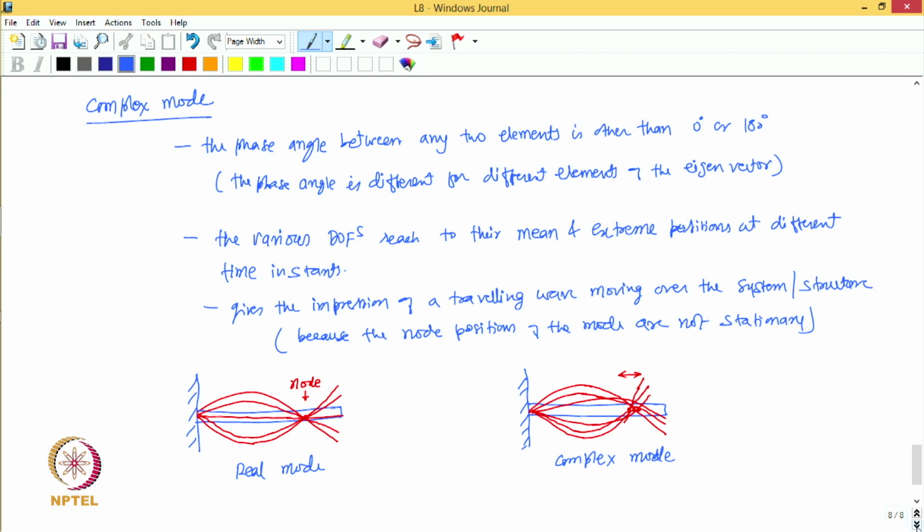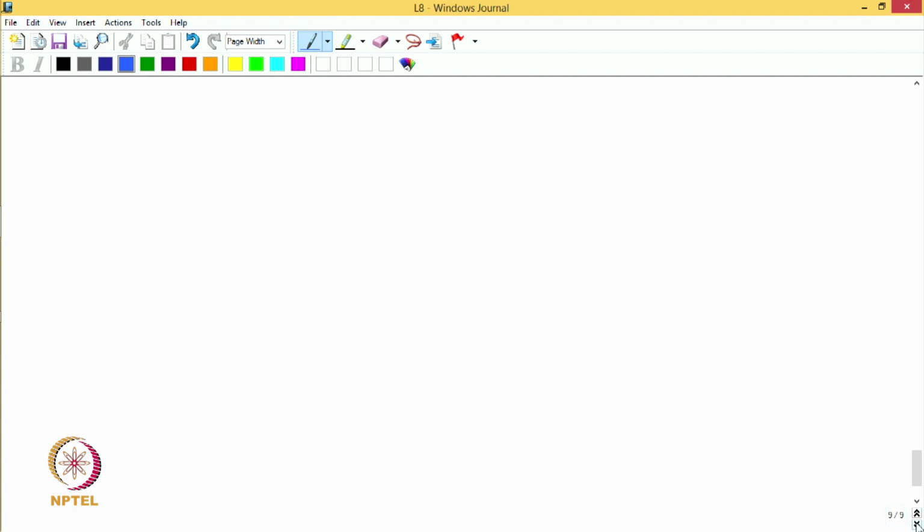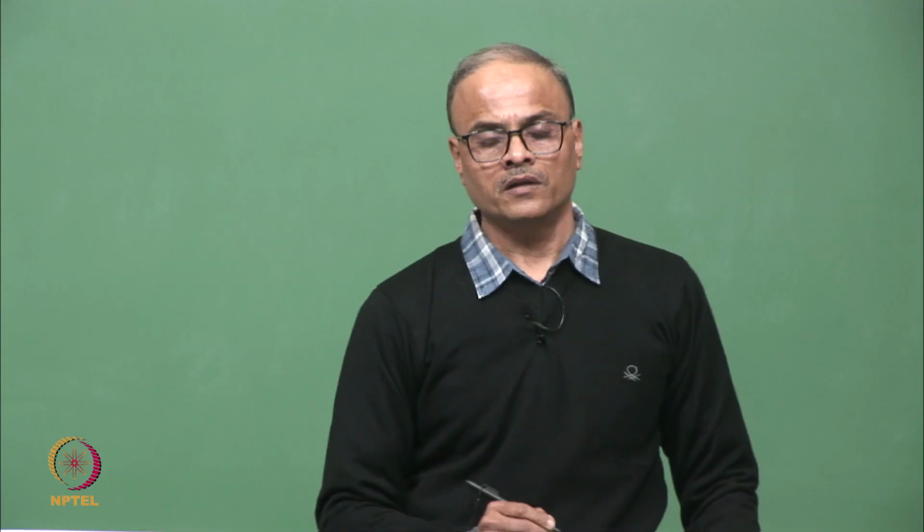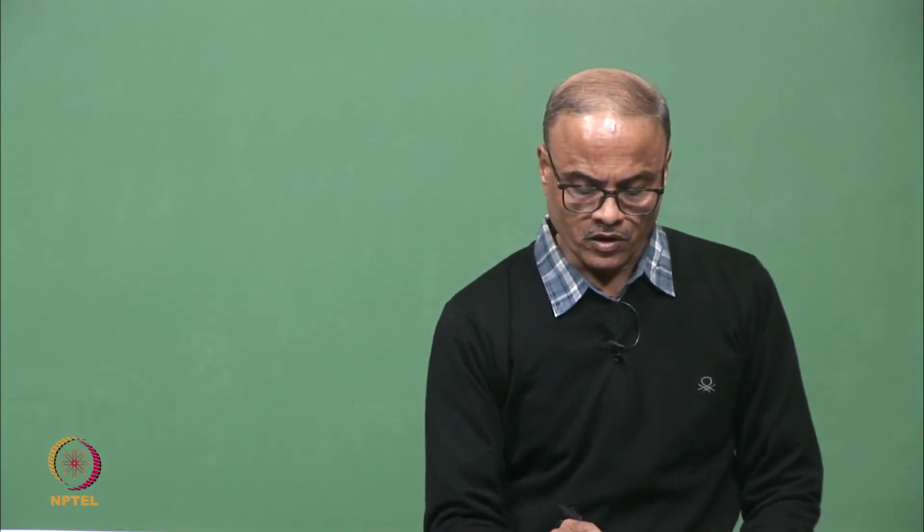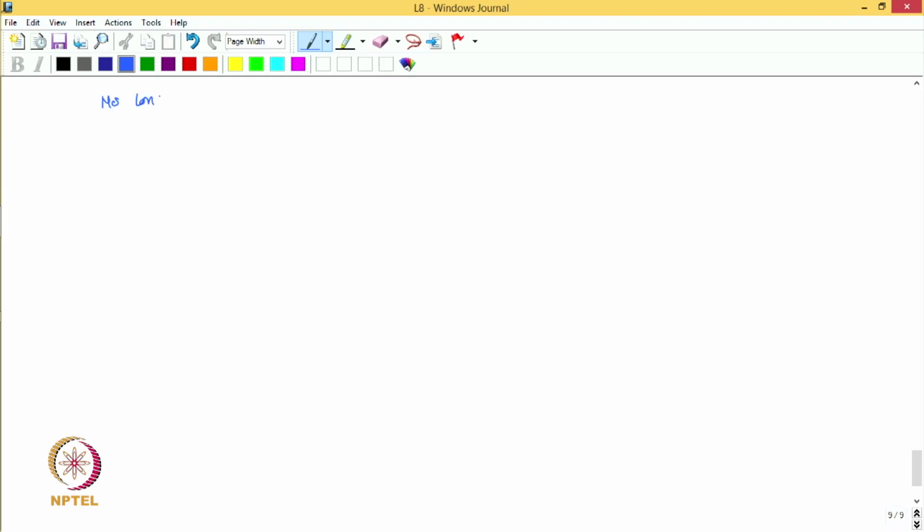So, therefore, the modes are complex, and another implication is that no longer does the eigenvector matrix psi diagonalize the stiffness matrix, right.